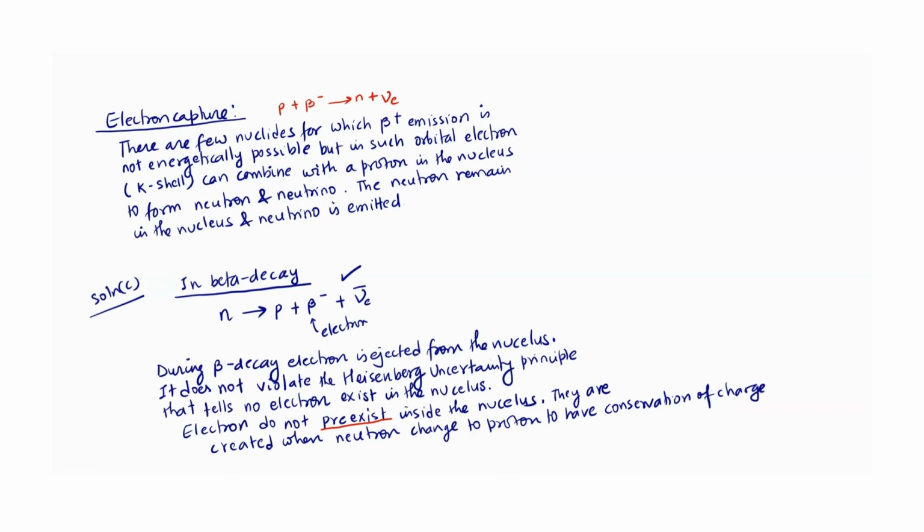Let's see this. Neutron, we have this, clear? Proton, we have this, and we have electron. In this reaction, the total charge on the left hand side equals the total charge on the right hand side. Charge on the left hand side is 0, and when we add the charge of proton and the charge of electron, we get 0.